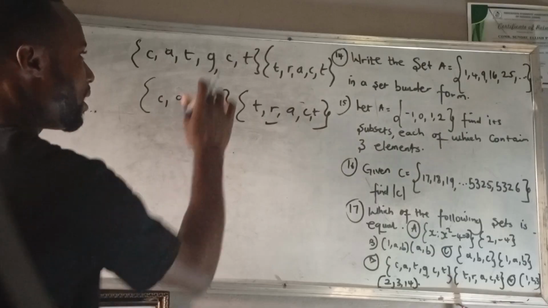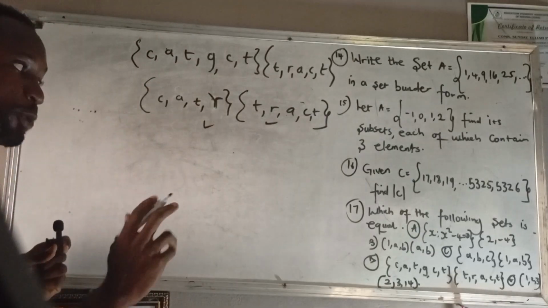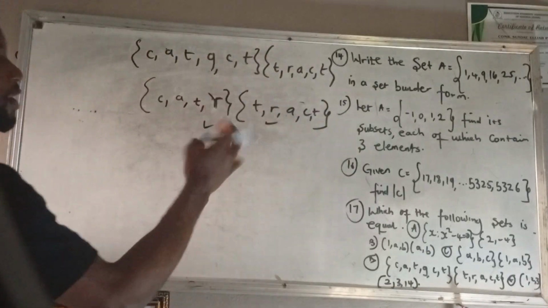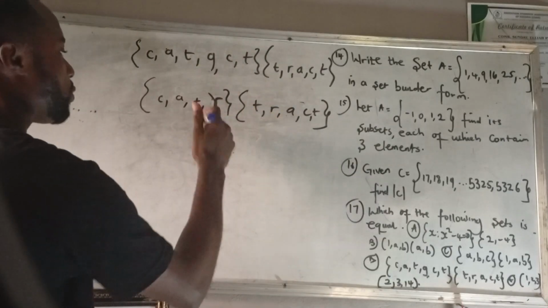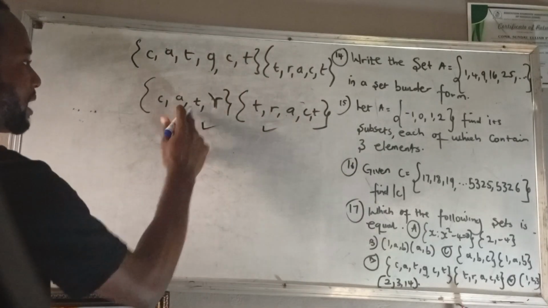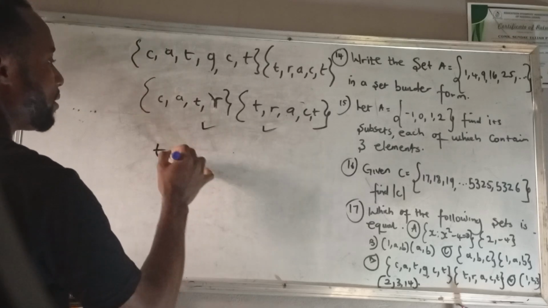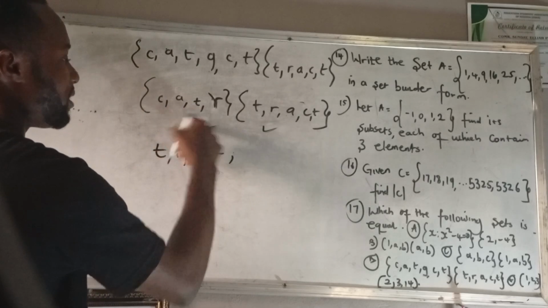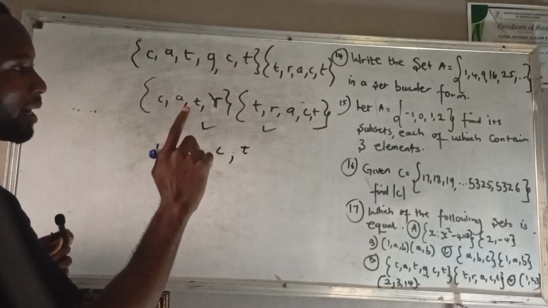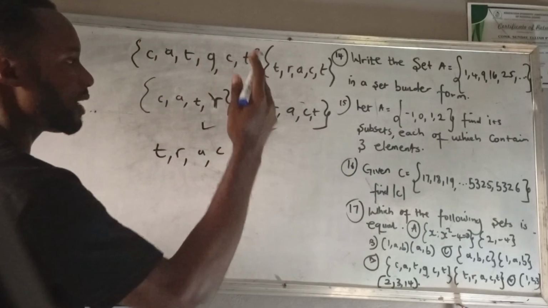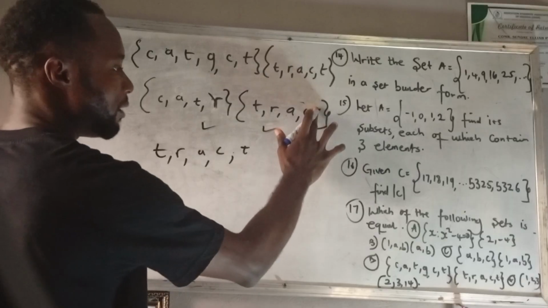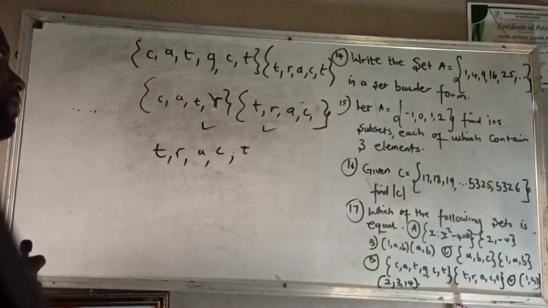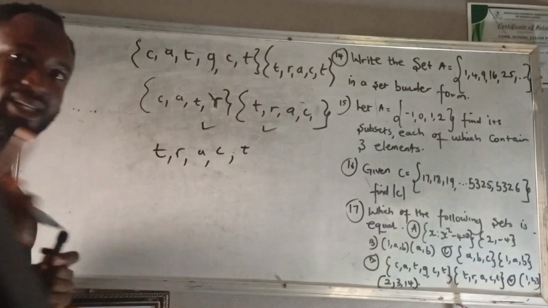But here is G. This answer should be D, if only this place that is given as G is R. So now this is supposed to be equal set because we have T here, we have R here, we have A here, we have C, and we also have T. But remember that repeated elements are counted as 1. Don't mind this place. This place is also wrong because 2 elements are counted as 1.